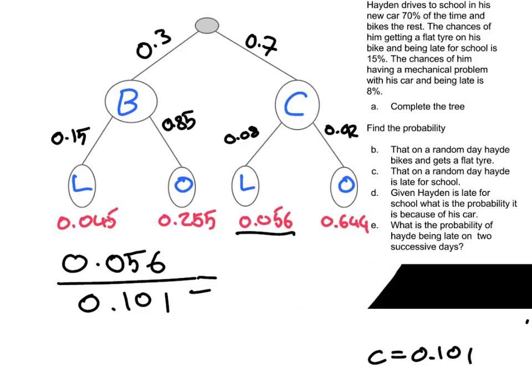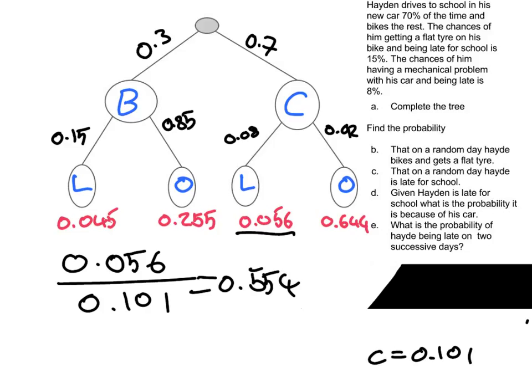And I've done it wrong again. 0.056 divided by 0.101 equals 0.554, and then it goes 4, 5, so 0.55 or 0.554 I think is probably a correct enough answer.